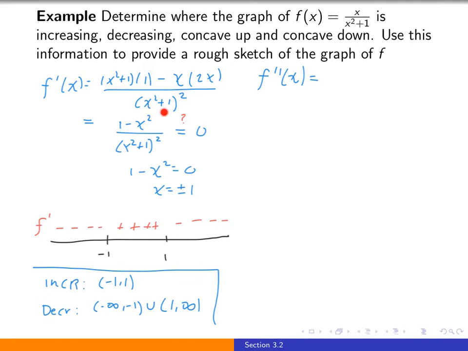So the formula we have for the first derivative is 1 minus x squared over x squared plus 1 squared. So we need to differentiate this using the quotient rule. So we get low d high, so that would be x squared plus 1 quantity squared times the derivative of the function in the top, which is minus 2x, and then we subtract away from this.